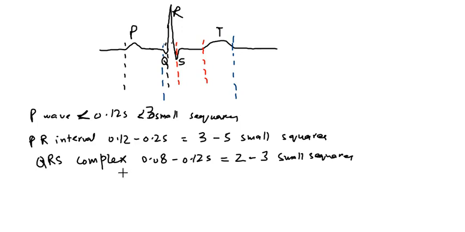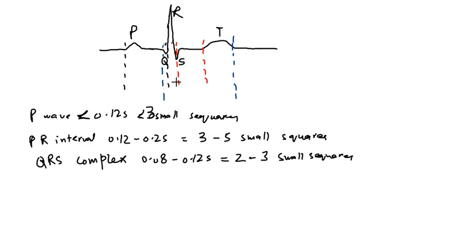Here I have correctly written it. ST segment, we don't actually measure it because it depends on the QT interval, which in turn is inversely proportional to the heart rate. When the heart rate fastens, the QT interval shortens, and when the heart rate slows down, the QT interval lengthens.